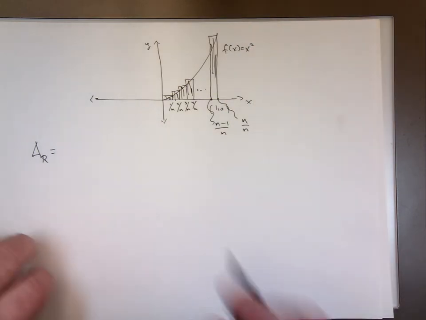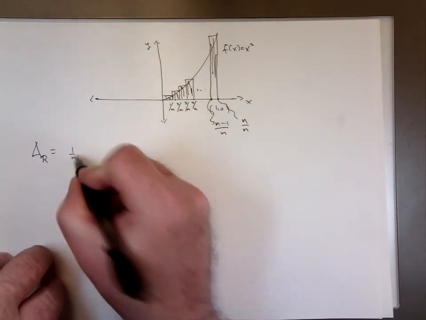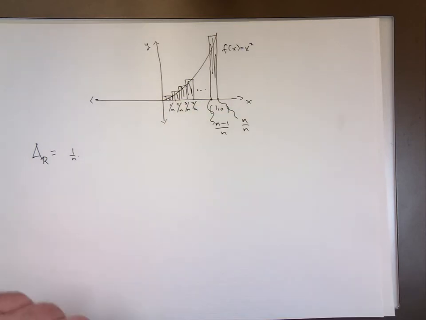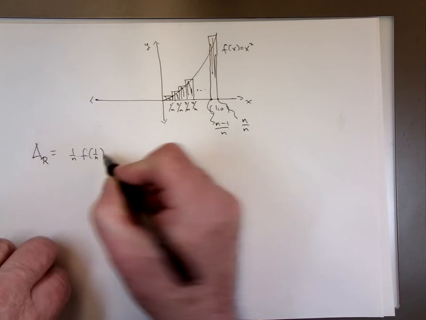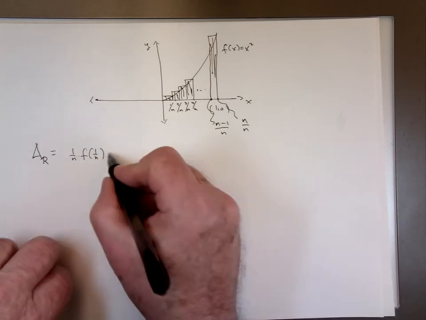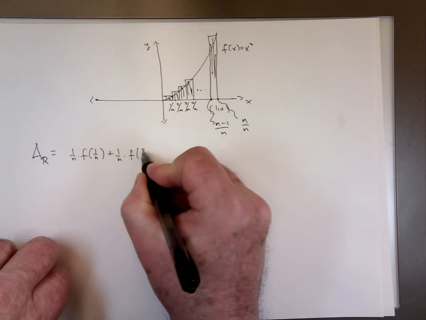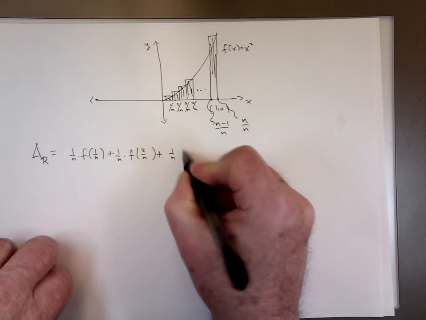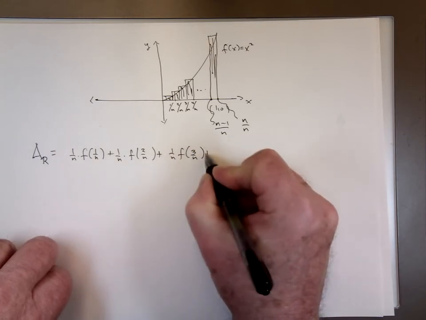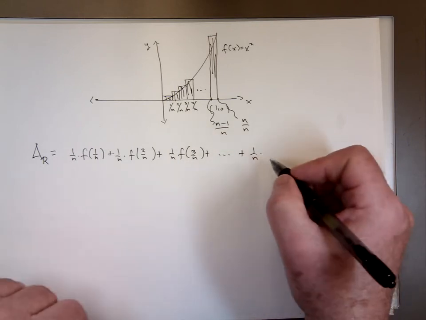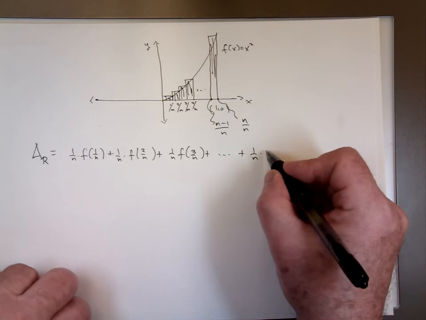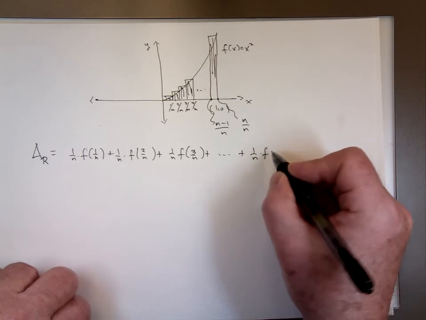Now, what's the height of the first right endpoint rectangle? f of 1 over n, thank you. We start with that one, and then 1 over n, f of 2 over n, 1 over n, f of 3 over n, etc., 1 over n. And what's the last one equal to? f of n over n.